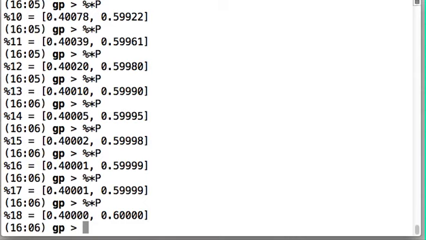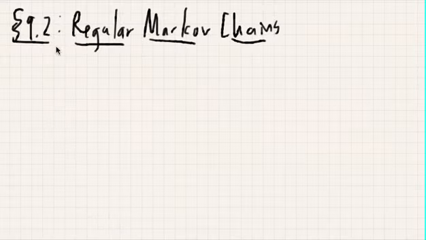What happens when I multiply by P? So let's call this big S, 0.4, 0.6. S times P, I just get that matrix back. So in fact, this is something that's called a stationary matrix.